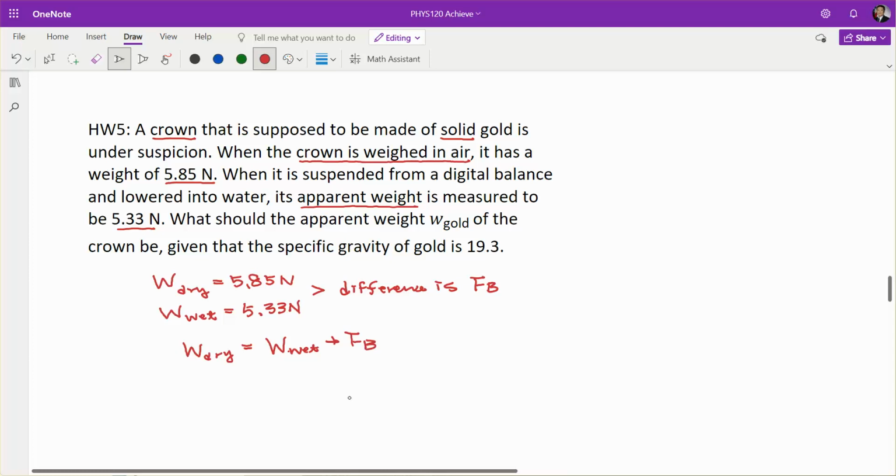But what is the buoyancy force? Well, based on Archimedes' principle, the buoyancy force is equal to the density of the fluid times the volume of the object, multiplied by g, where g is 9.81. So what is the object? This is the crown volume.